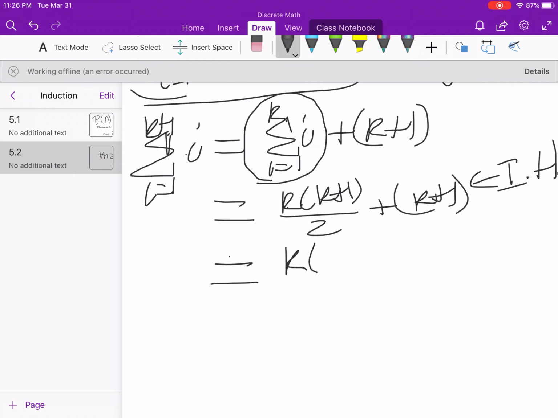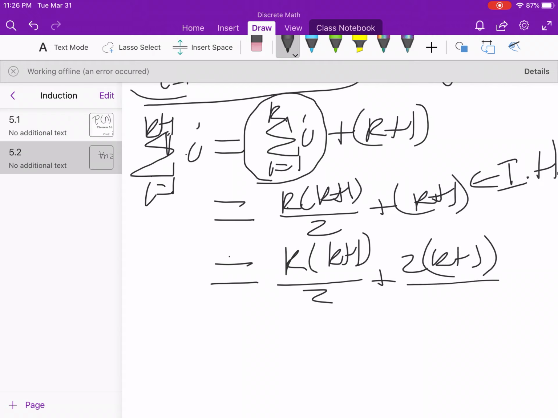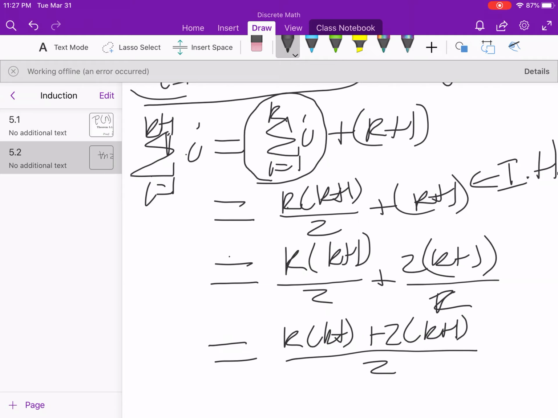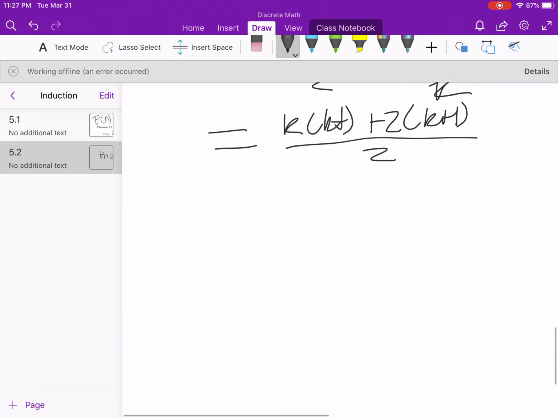So I want to combine these together. I need a common denominator. So I've got K times K plus 1 plus 2 times K plus 1, all over 2. And I can factor this.